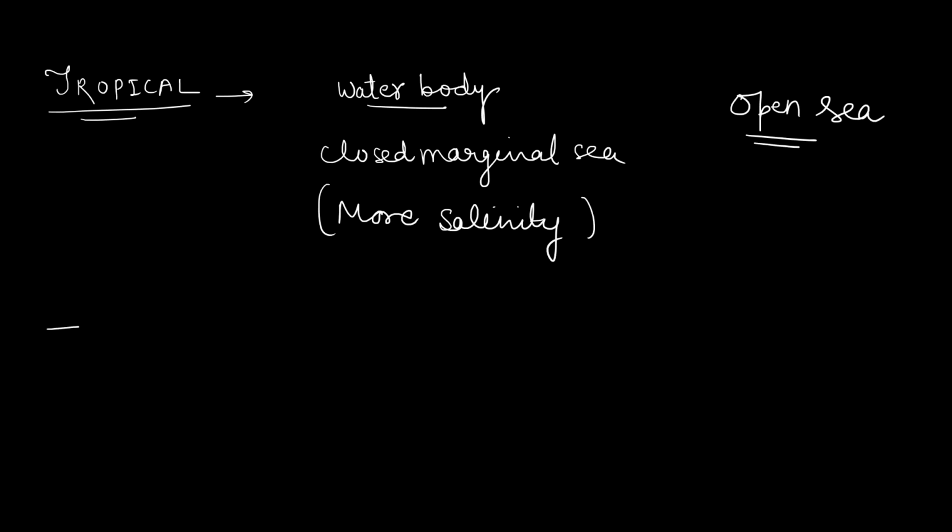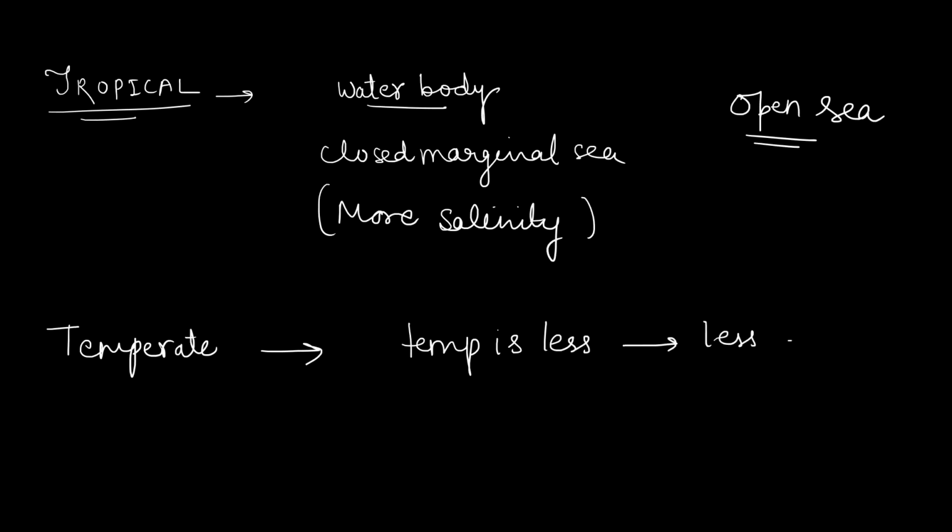But if we come towards the temperate regions, what would happen there? The temperature in the temperate regions is less. As the temperature is less, there would be less evaporation. Due to less evaporation here, the salinity would be lesser.